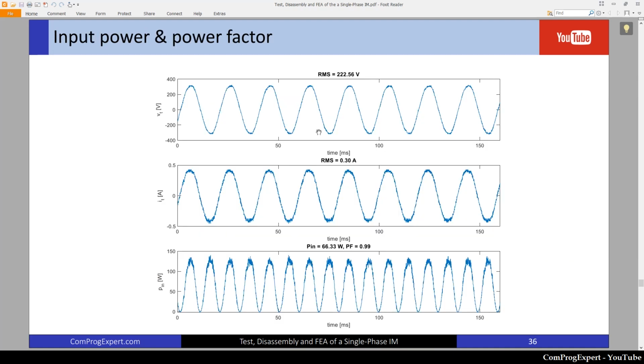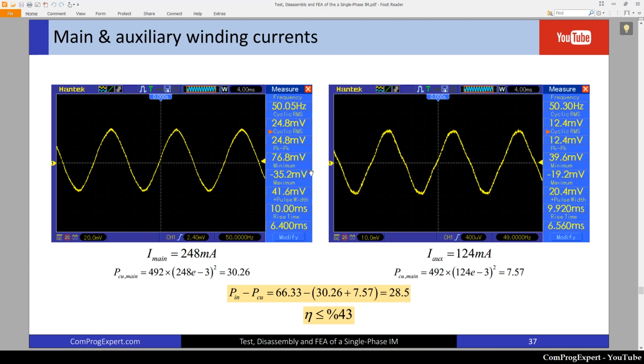And here is the input power, the RMS value of input current and RMS value of the input voltage, supply voltage. Also, I measured the current of each phase individually.